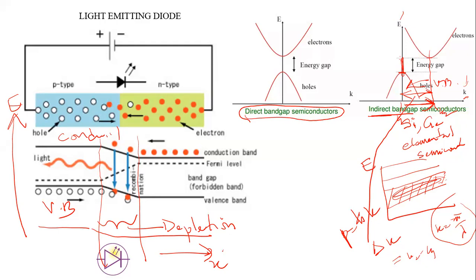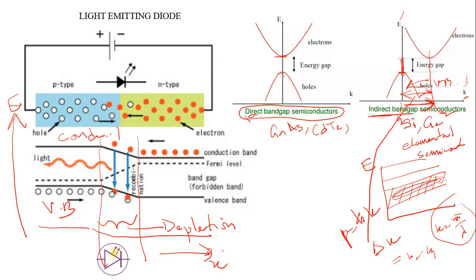Now, however, when we go for compound semiconductors like gallium arsenide, also cadmium telluride, there are many compound semiconductors. In most of the compound semiconductors, we have what is called a direct band gap. What is a direct band gap?